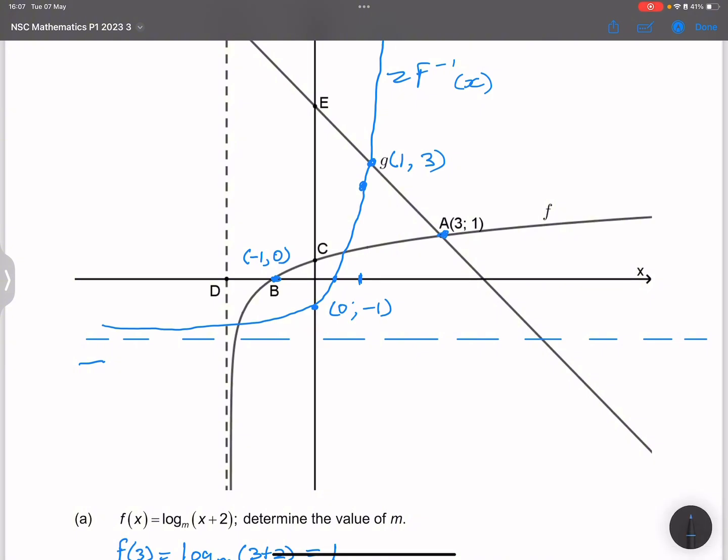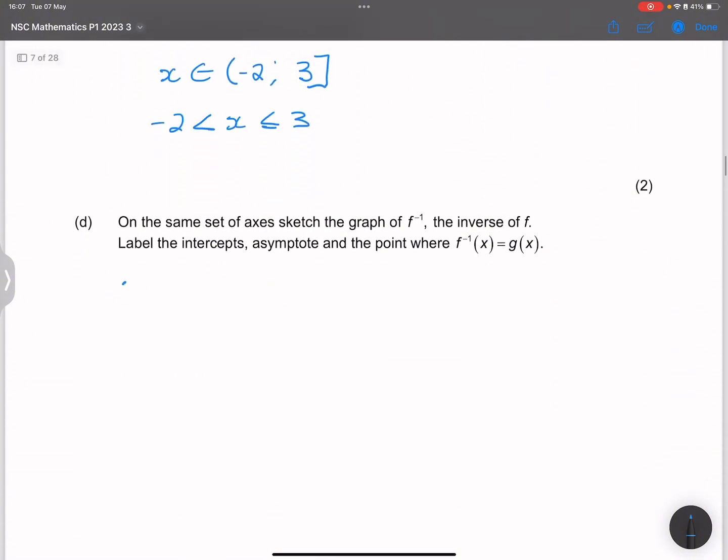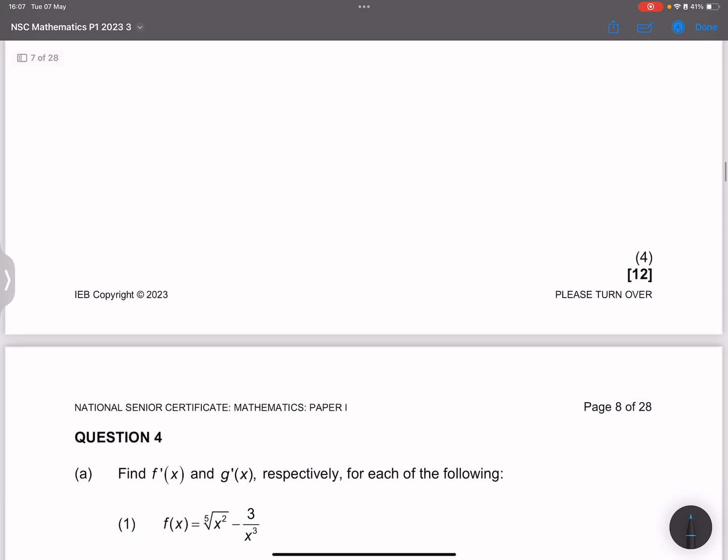This point over here would be (0.43, 0). That's the point over there, right? And we showed there we've got (1, 3). Right, ladies and gents, that's where we are going to leave this. So let's go to the next portion.